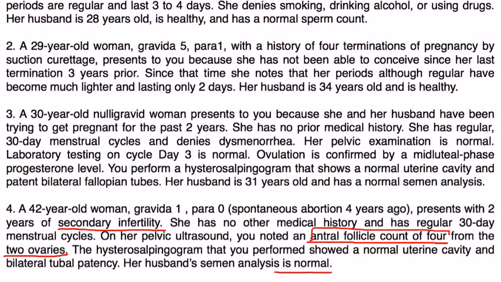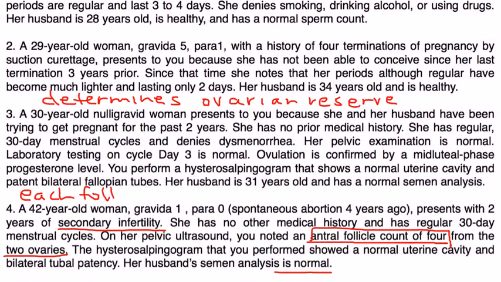Okay, the key is this right here: an antral follicle count. What is that? It basically tells you about ovarian reserve. How many eggs are still in the ovary? Each of these follicles basically contains an egg, an oocyte.